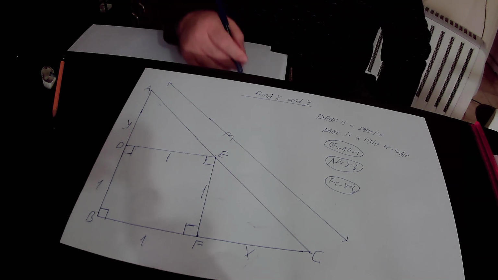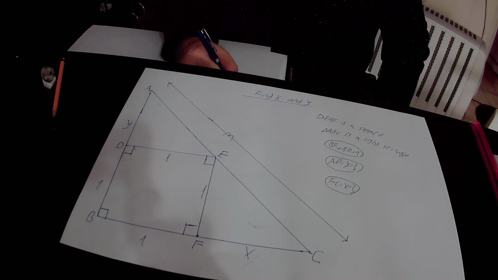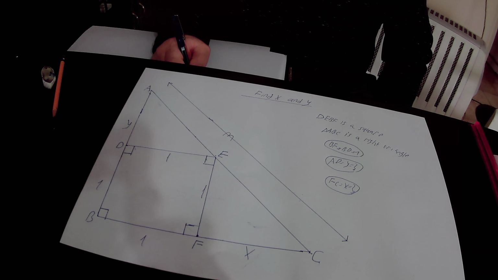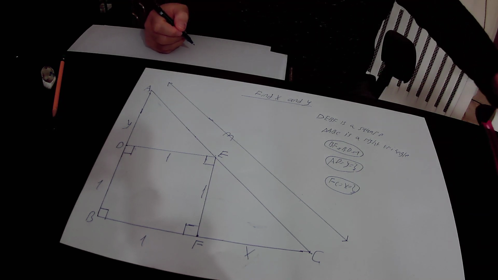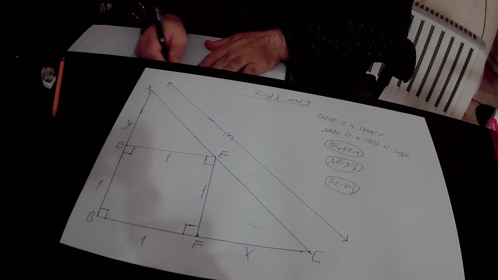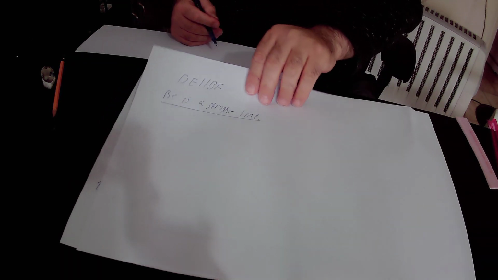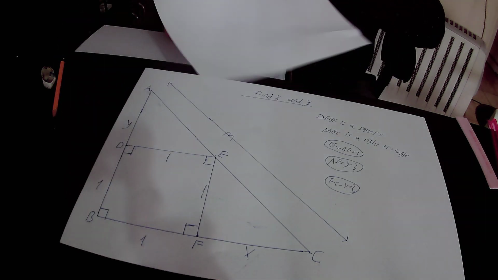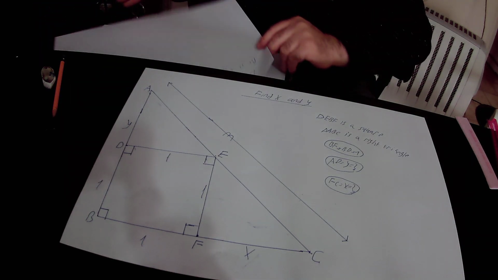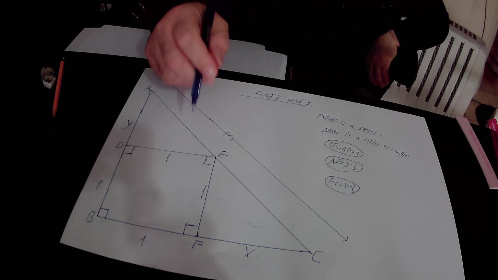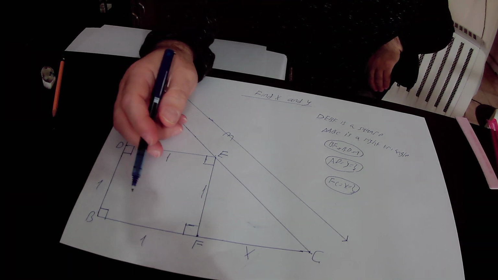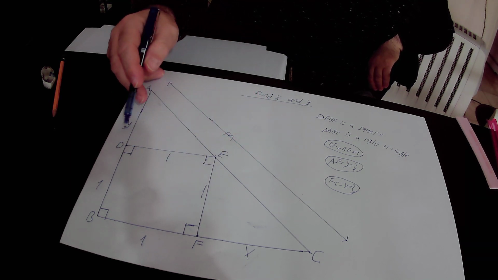Therefore, BC is a straight line, and BF is part of the straight line BC, and BF is parallel to DE.